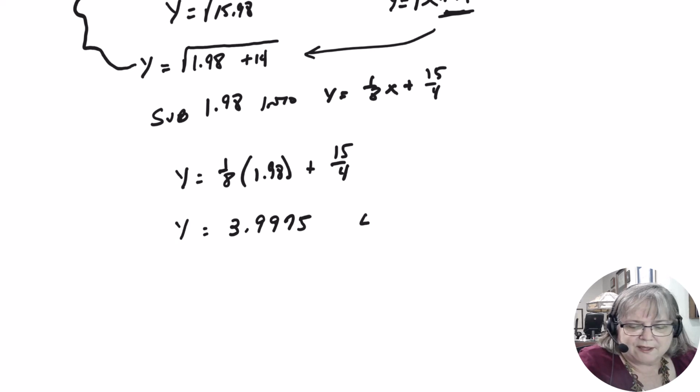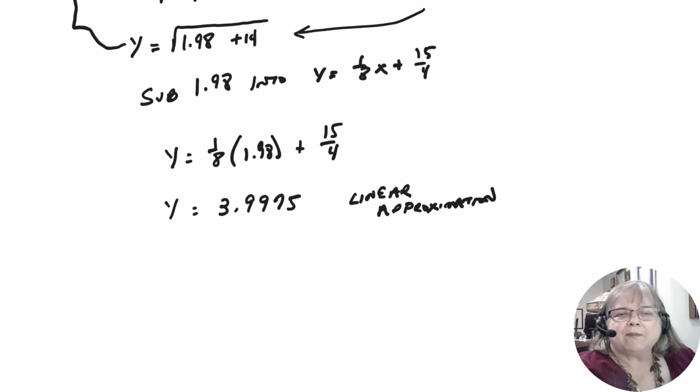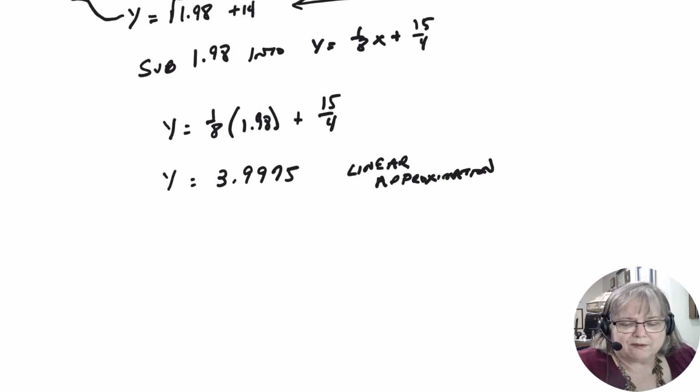And this is the linear approximation. Now, this would actually be what you would do for your work. You'd come up with this linear approximation equation for a line, and then they would ask you to use that to approximate maybe future values or quantities or different kinds of rates, perhaps, or whatever.